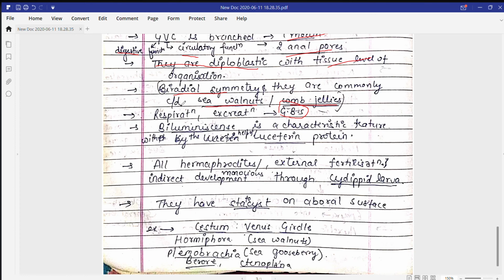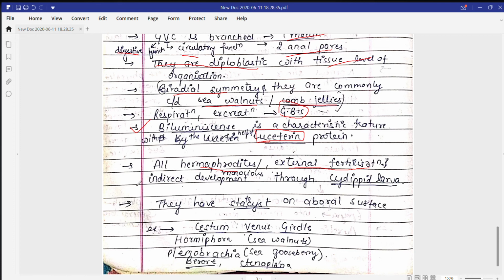Another phenomenon they have is bioluminescence, which means production and emission of light by living organisms. This is basically with the help of the protein luciferin. This is the important protein. All are hermaphrodites, showing external fertilization, so fertilization takes place in the water.